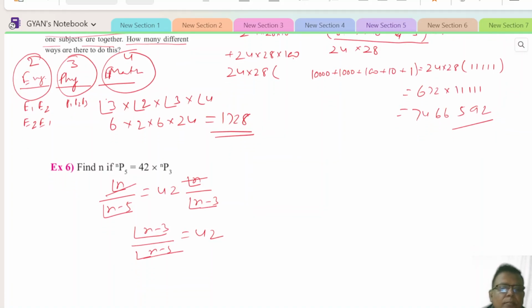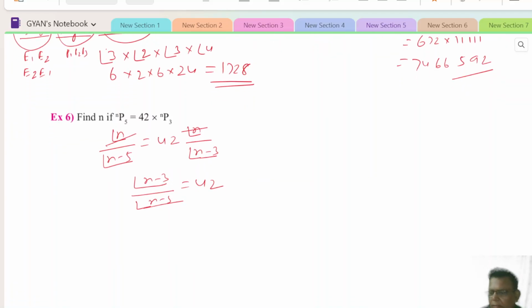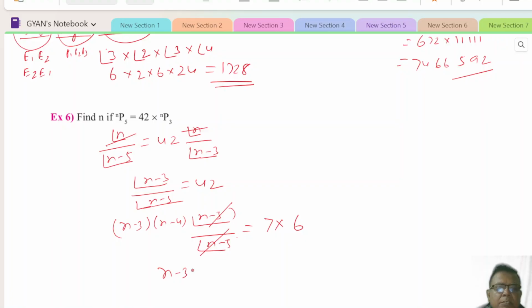Now factorial n minus 3 is the bigger number, so you can write it as n minus 3, n minus 4, and factorial n minus 5. Factorial n minus 5 gets cancelled. So this is 7 into 6. Then n minus 3 is equal to 7. So n is equal to 10. This will be the answer.